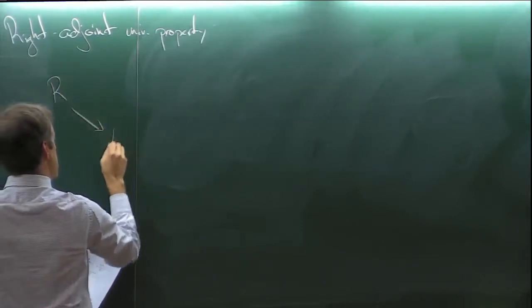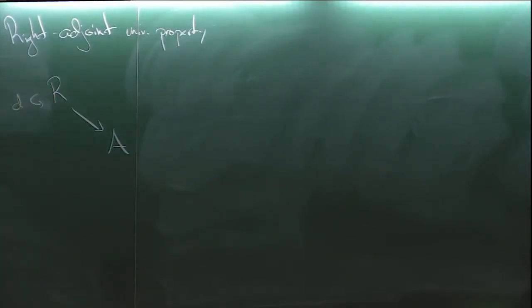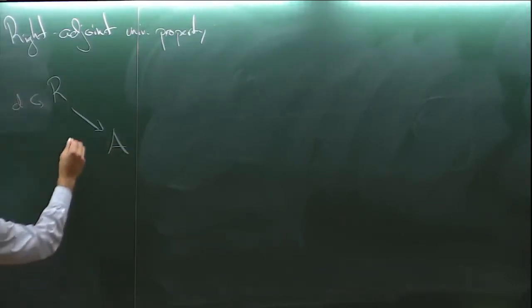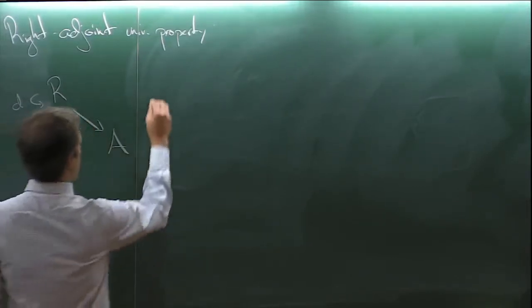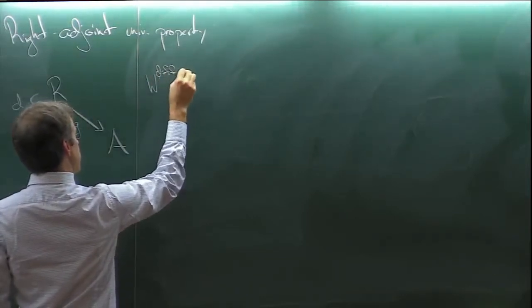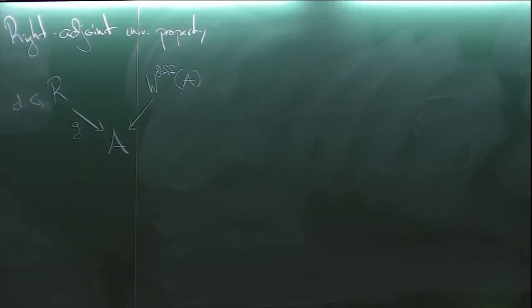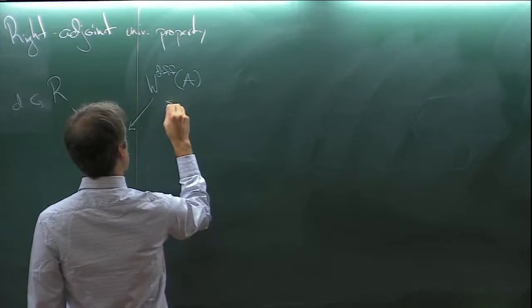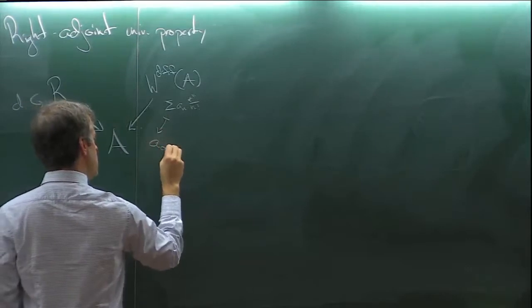Suppose you have a differential ring R. So this means that there's a derivation going from R to R. A is just a ring, and we have a ring homomorphism G. So it just ignores the differential structure on R. The differential Witt vectors map down to A by just taking the constant coefficient, if you like, evaluating at t equals 0. Sum a_n t to the n on n factorial is sent to a_0.